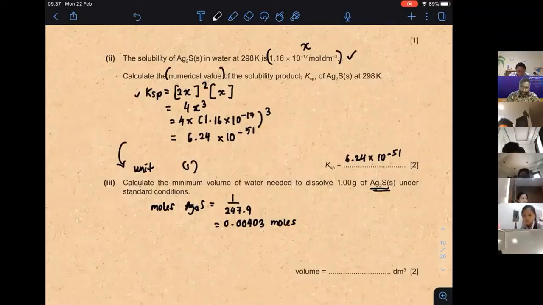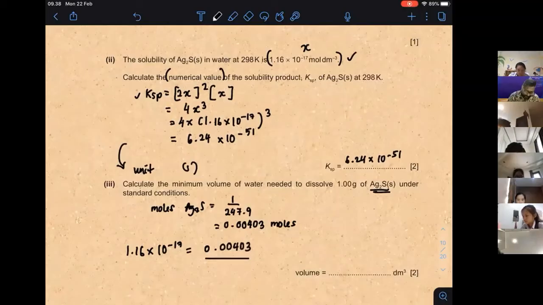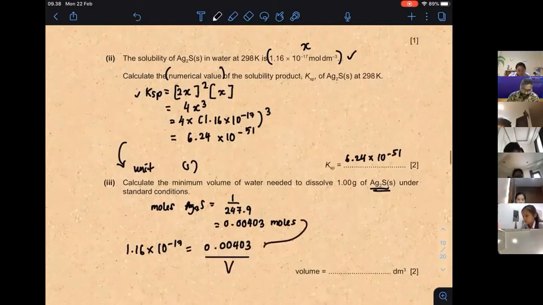So 1.16 times 10 negative 17 equals the number of moles, 0.00403, divided by the volume that you need. You just put it over here and use the solubility.